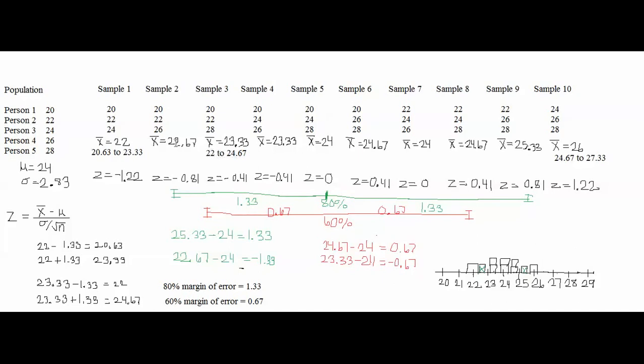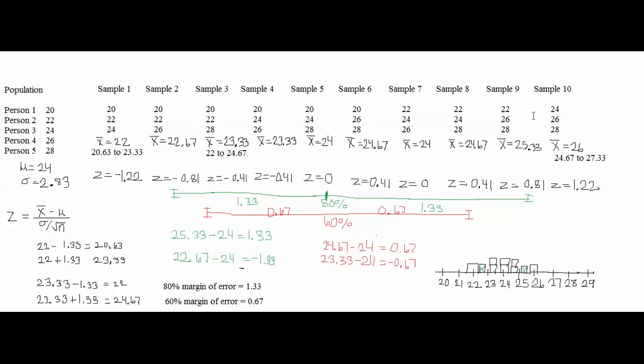So if we did this for all samples between sample 2 and sample 9, meaning if we created an 80% confidence interval for all samples that are in the middle 80%, all of them would include the population mean inside the confidence interval.